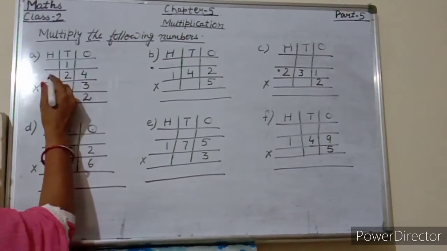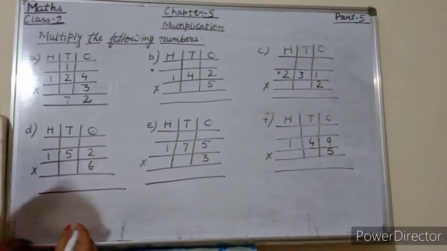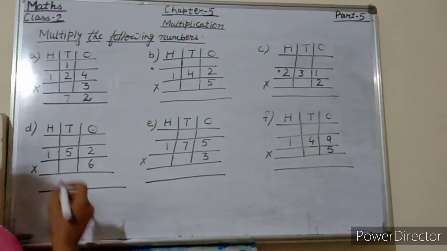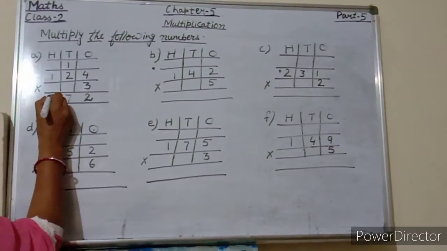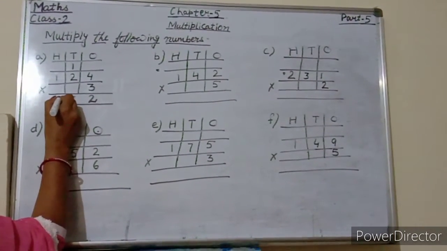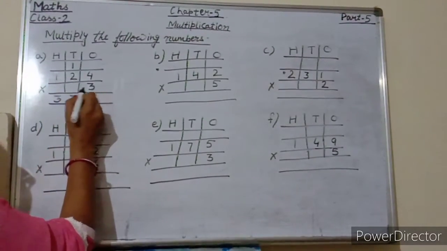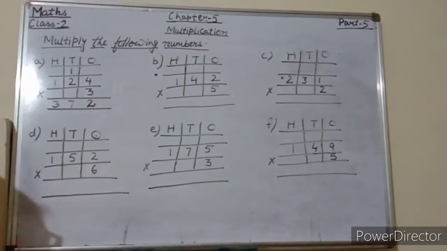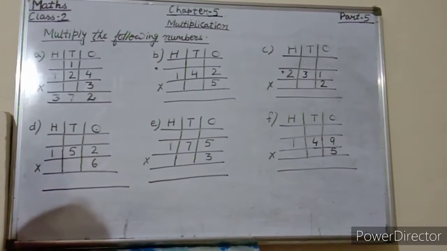Now come to the next. 100 into 3 is 300. So under the 100 column we will write 3. So students, 124 into 3 is equal to 372.